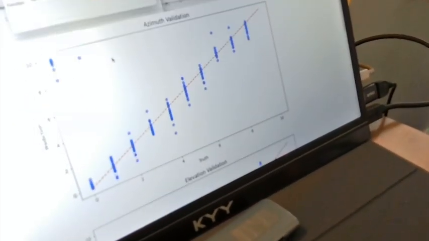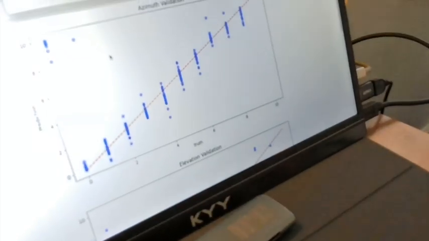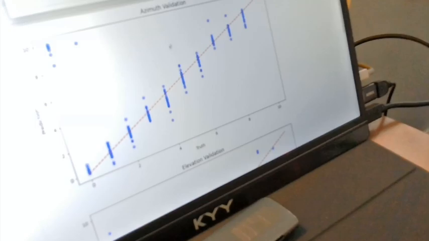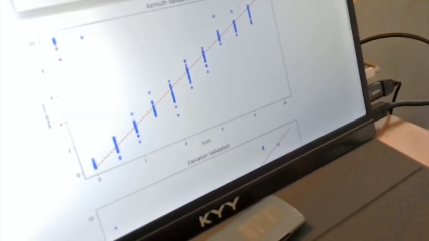And after the training of the model, this is what the validation looked like. We can see that the correlation is pretty good for the azimuthal predictions, azimuthal being the horizontal orientations. And this is the elevation validation, which still is pretty good, but not as good as azimuthal.